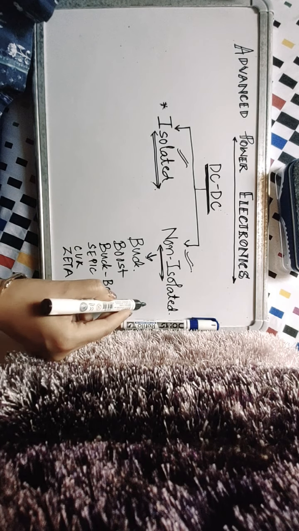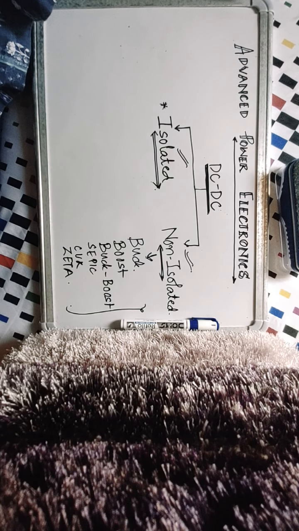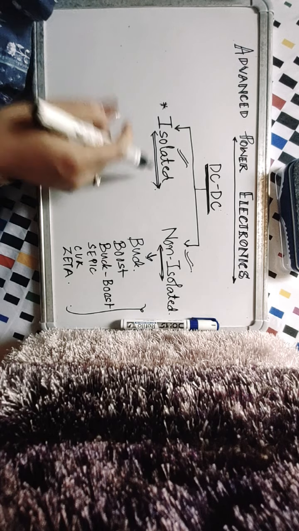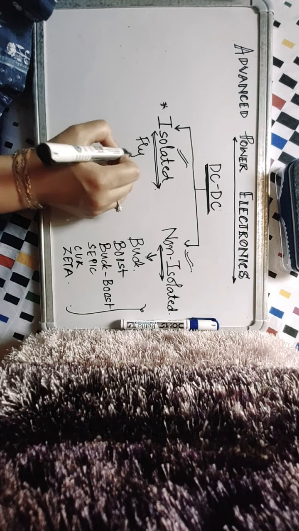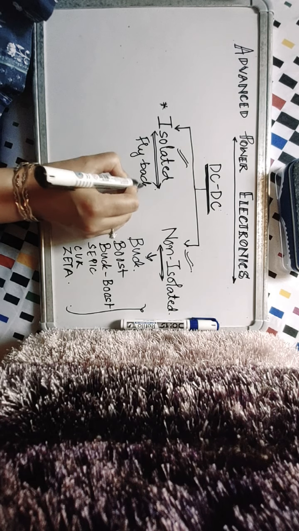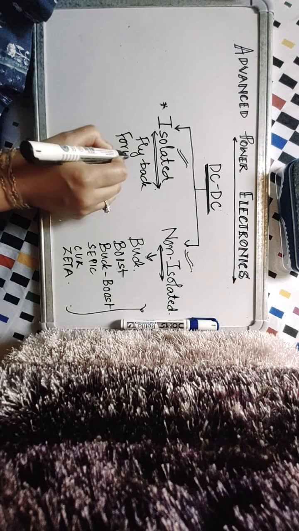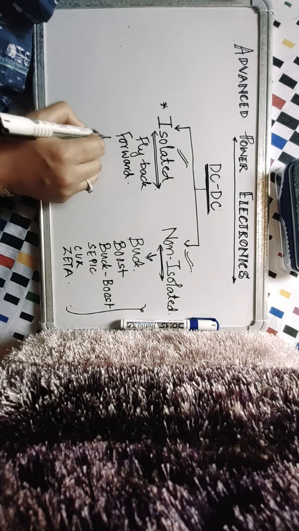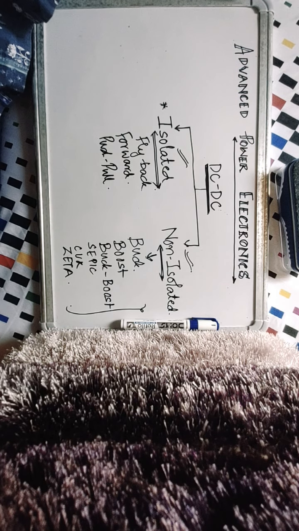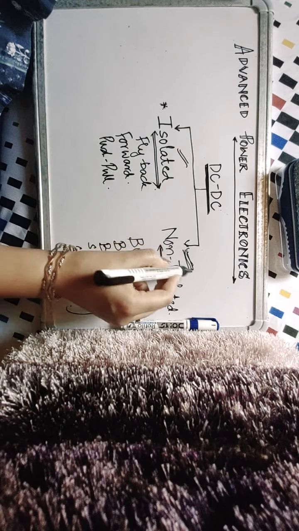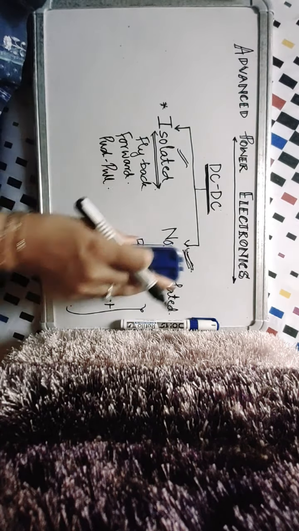So probably we'll try to study most of these in detail, and then we'll move on to isolated DC to DC converters, which has flyback converter, forward converter, and push-pull converter in your syllabus. So let's begin with non-isolated DC to DC converters without wasting much time.